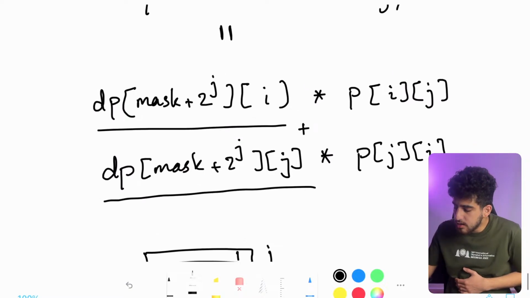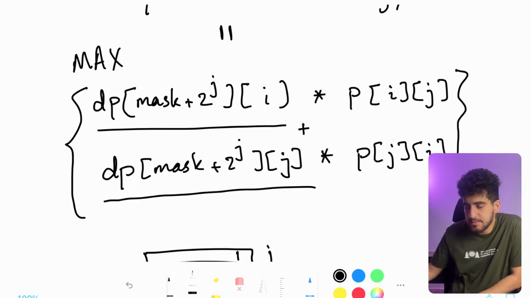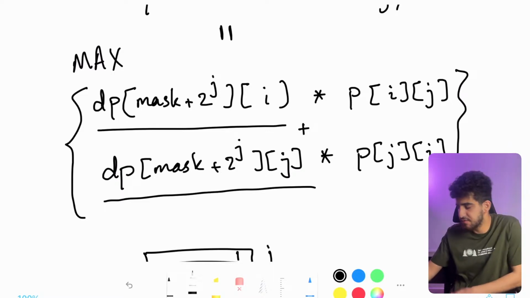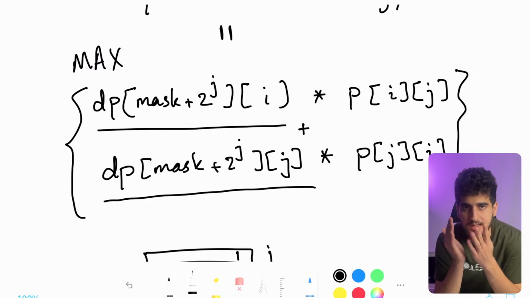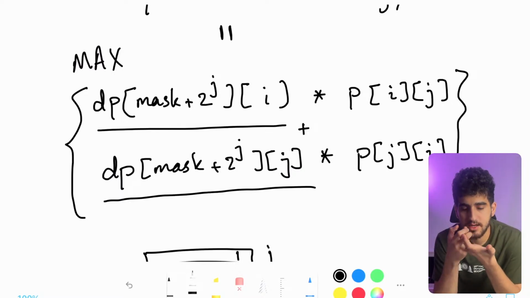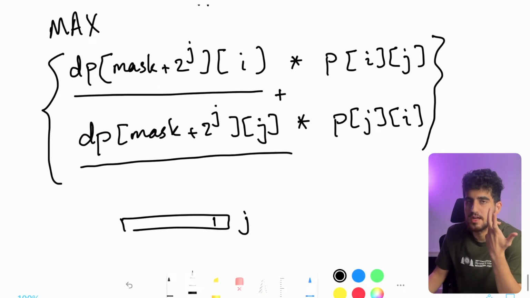And over all j's, I have to find the maximum of this value because I have to find the best possible j. So for each j, I see what is going to be the sum of these two values, and then I will pick the value of j that gives me the maximum value.